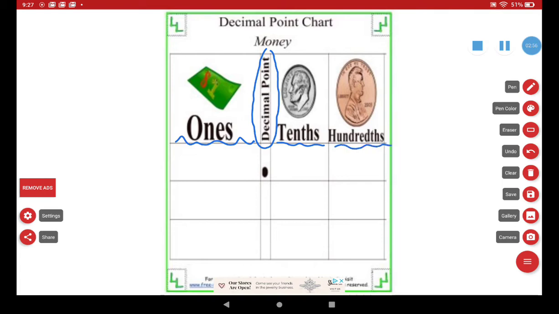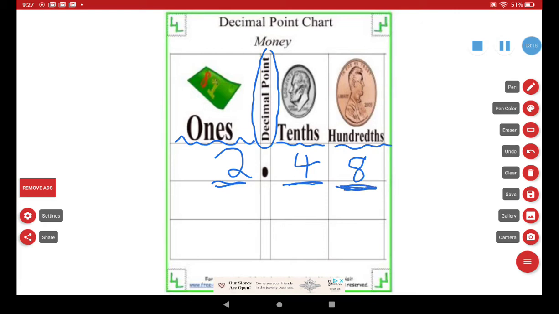So if I have, let's say this, we would read that as $2.48 because I have 2 whole dollars, 4 dimes, and 8 pennies. Okay?